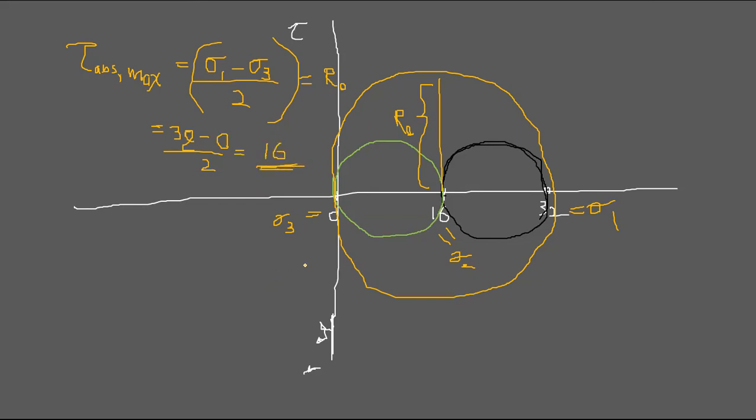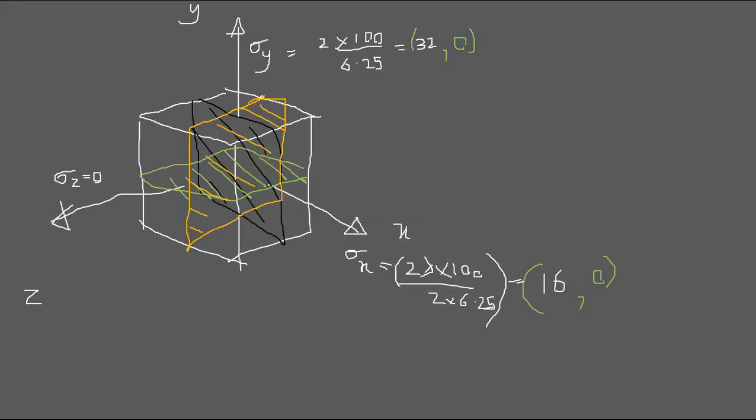So that's your absolute maximum shear stress, not this one. You can see this is 16, so this radius is 8, this radius is also 8. It's not the absolute maximum shear stress. So along this element you will have the maximum shear stress, but for that you need to rotate this element.